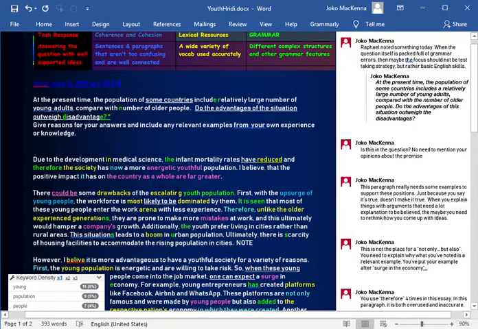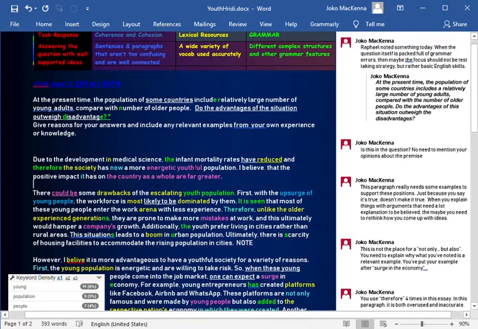I believe that the positive impact it has on the country as a whole are far greater. Impact is singular, so why are we using are? Should be is. And it, the country.